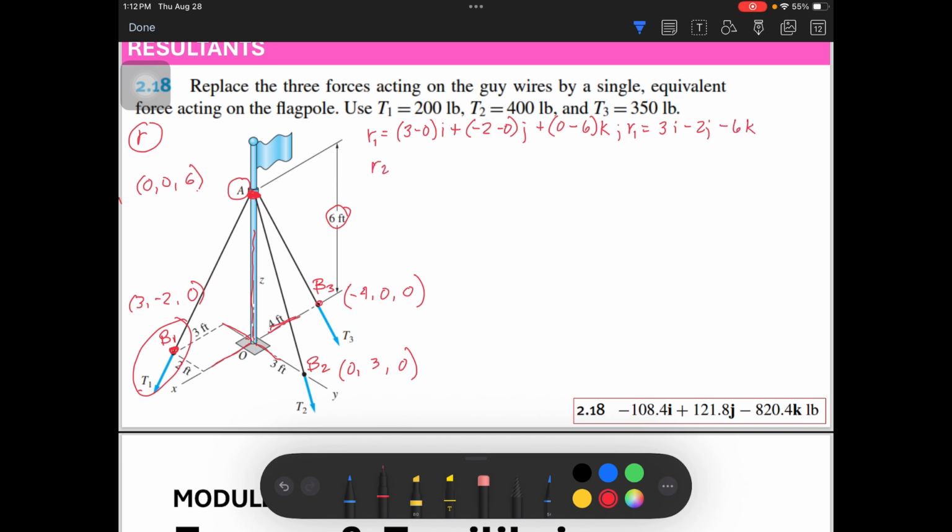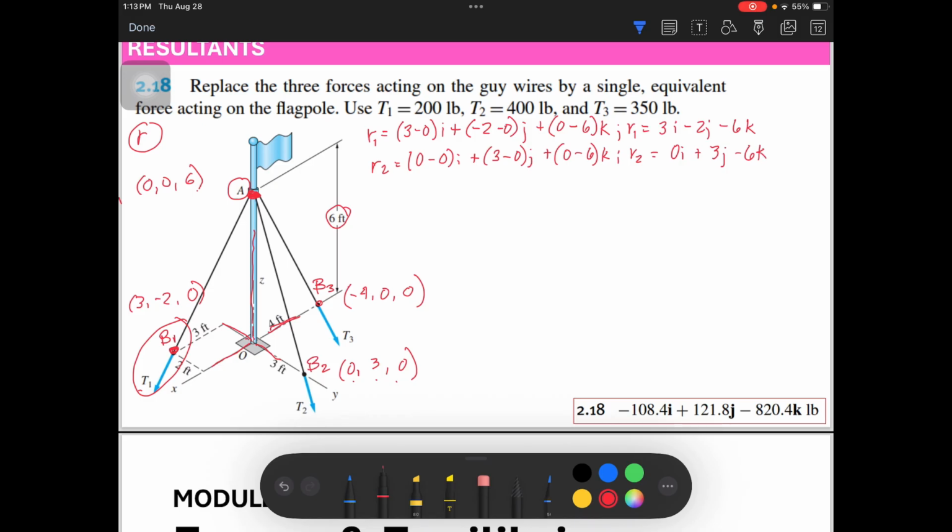How about R2? Our R2 is, ano yung X, Y, Z? So, X is to X, so 0 minus 0. That's your I. Plus 3 positive minus 0. And then, ang Z niya is 0 minus 6. That's your K. So, our location vector for force 2 is 0I. Wala siyang coordinate sa x-axis. Plus 3 sa y-axis.